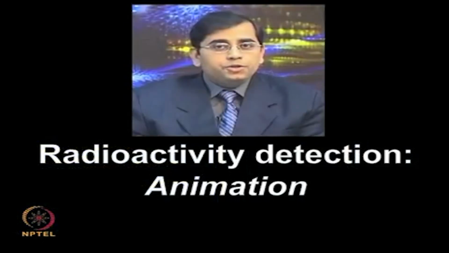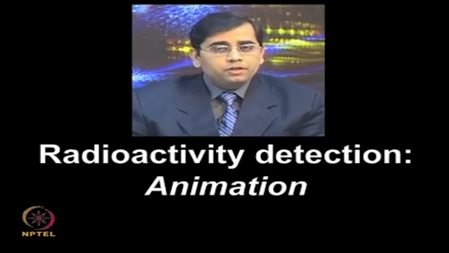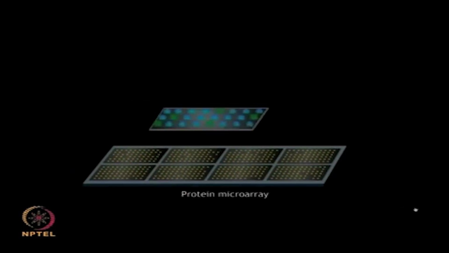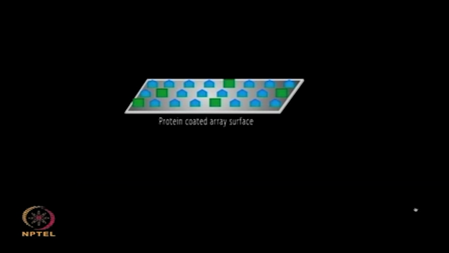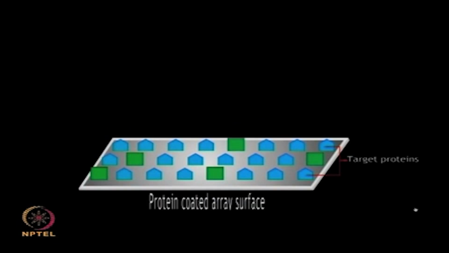So, let me show you this animation on radioactivity based detection system to give you a better understanding of how to use the radio labels for microarray based detection system. The array surface is coated with the protein mixture containing the target protein of interest. A suitable radio labeled query protein that can specifically interact with the protein of interest is used to probe the array surface.